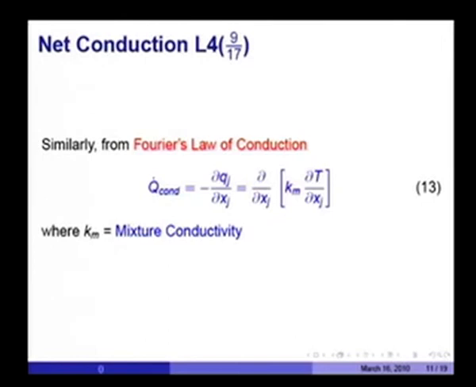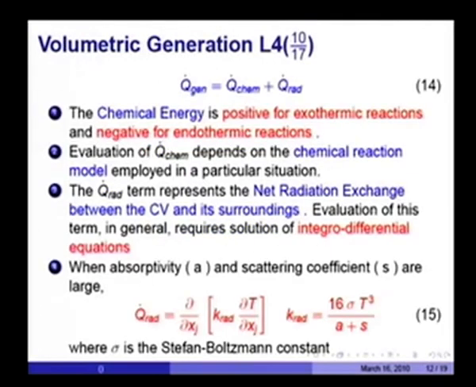Net conduction, again by Fourier's law of conduction, Q conduction will be simply minus d Q j by dxj, where Q j is K m multiplied by dT dxj and K m is the mixture conductivity. Net volumetric generation. Now, volumetric generation in a moving fluid typically would comprise the generation due to chemical energy, because some reactions are exothermic, whereas some other chemical reactions are endothermic.